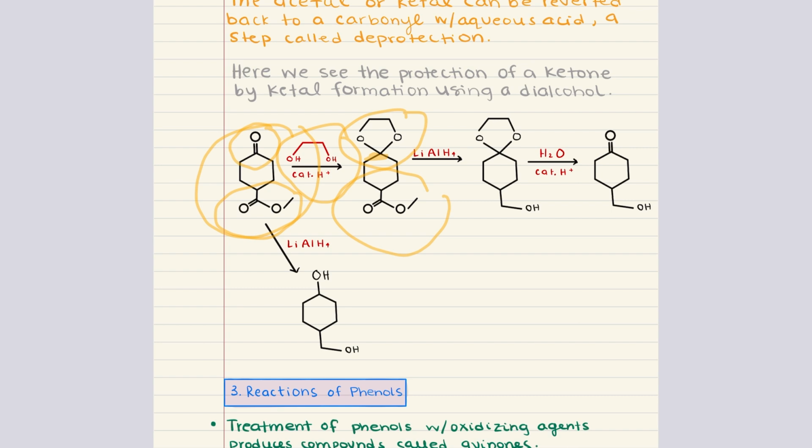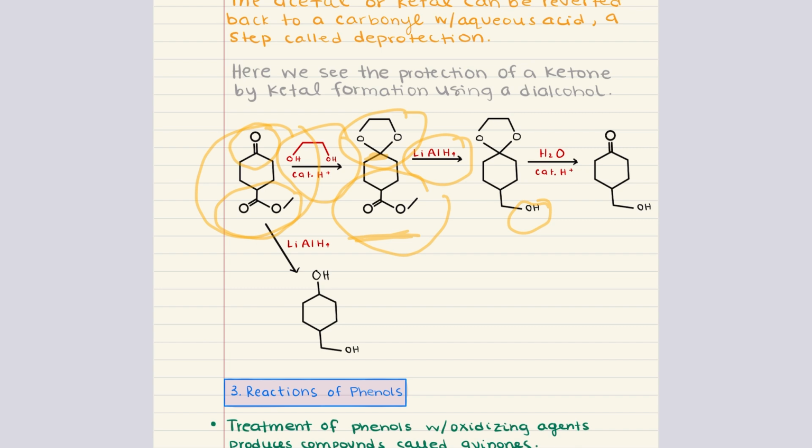The next step involves treating the compound with lithium aluminum hydride, which selectively reduces the ester group into an alcohol. Importantly, the ketyl remains untouched during this reaction, and that prevents the ketone from being reduced.